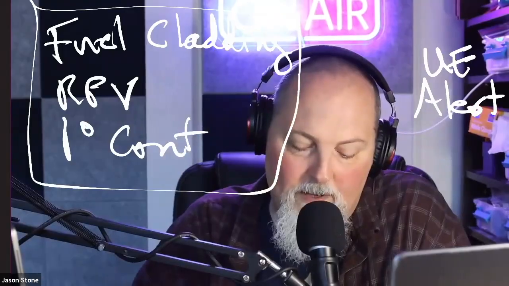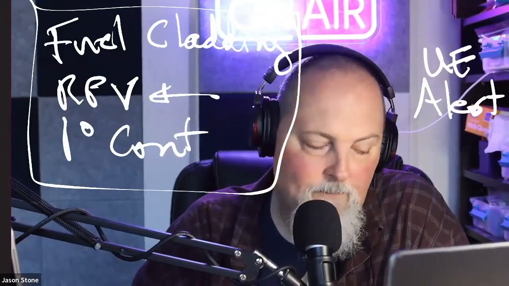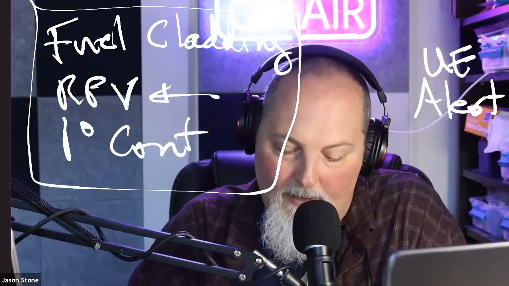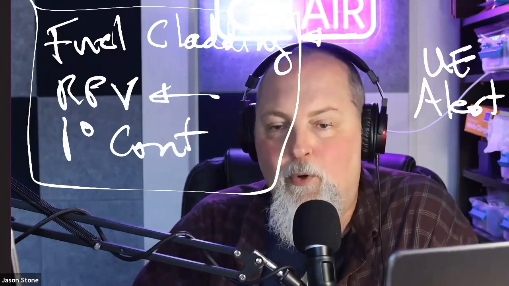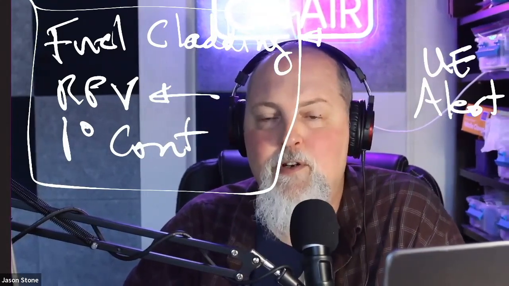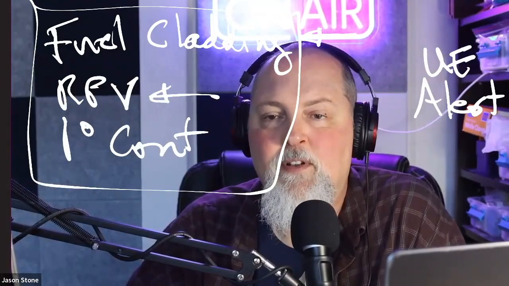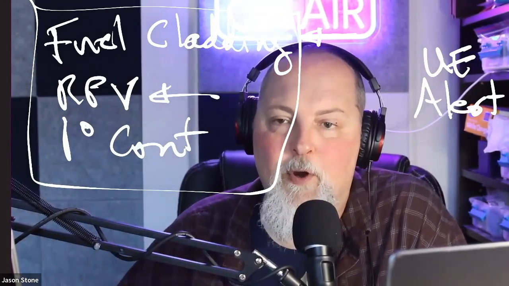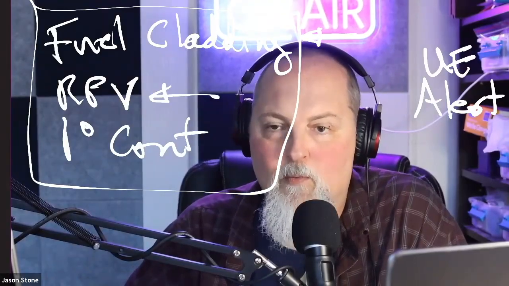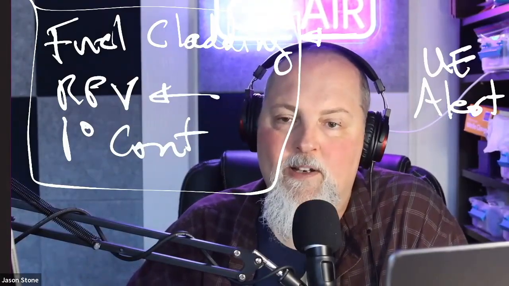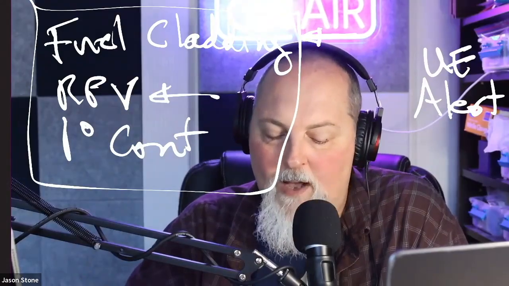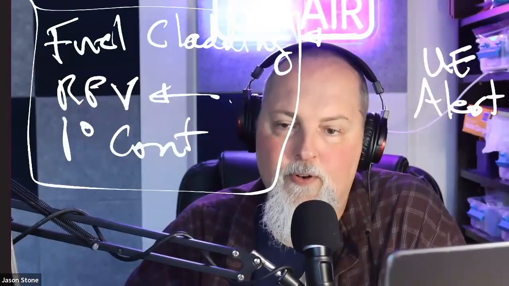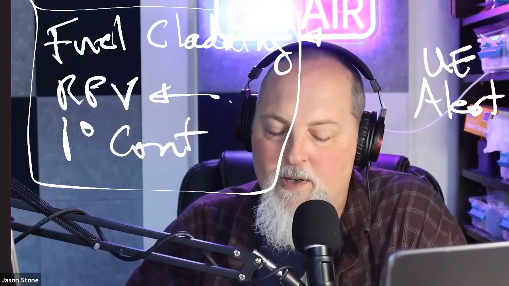A breach of the RPV, so a break in the RPV, or the fuel cladding. So if one of those two breaks, which is closer to the fission products, to the after effects of the uranium fissioning, which are really, really radioactive and really dangerous to the public. So if either one of those that are closer to the fission products breaks, then we declare an alert.